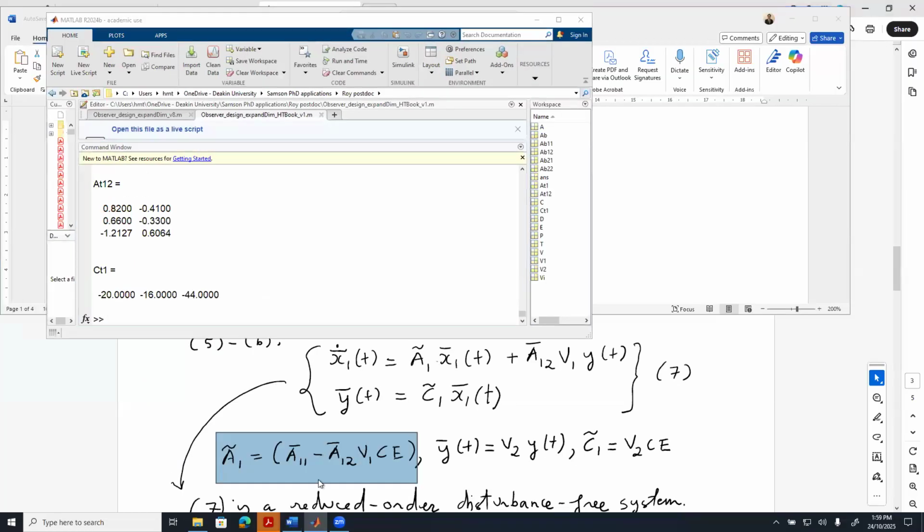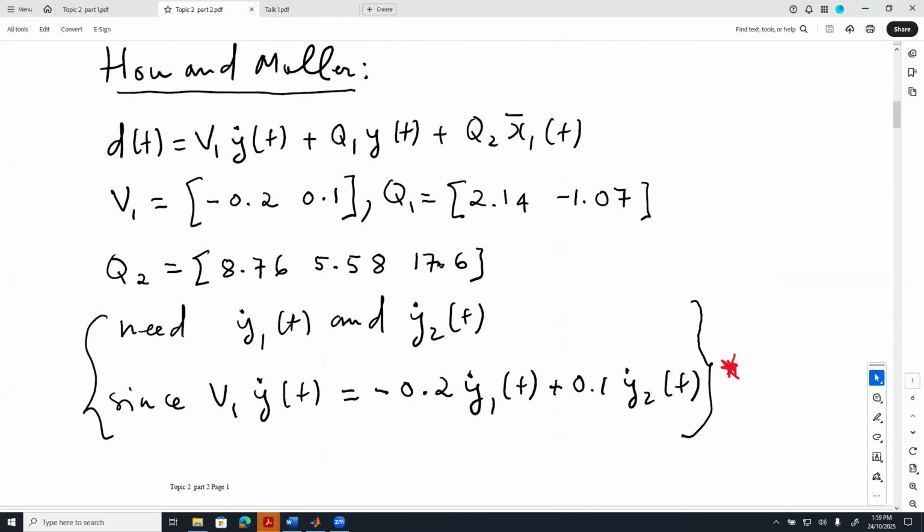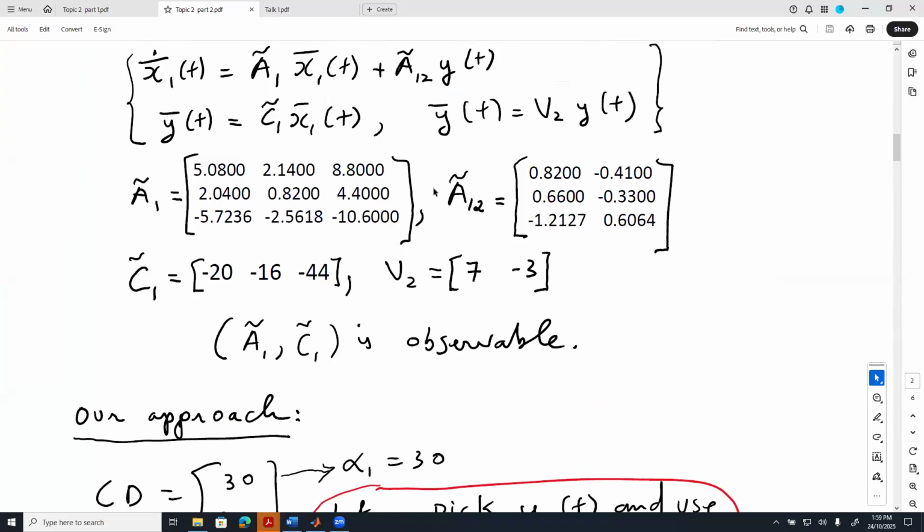Okay, so that's where we have them given in this form here. All right, so that's where we got matrix A tilde 1, A tilde 1,2, C tilde 1, as well as we can obtain this output measurement vector in terms of the original output measurement vector, and its V2 is given as follows.